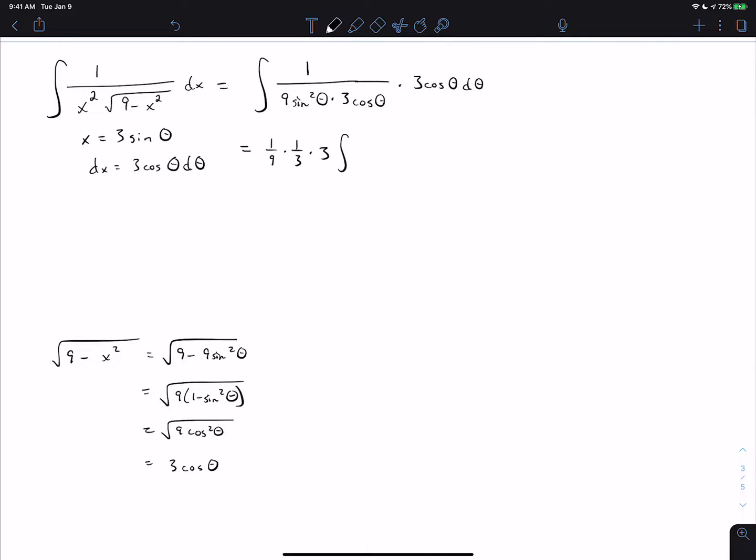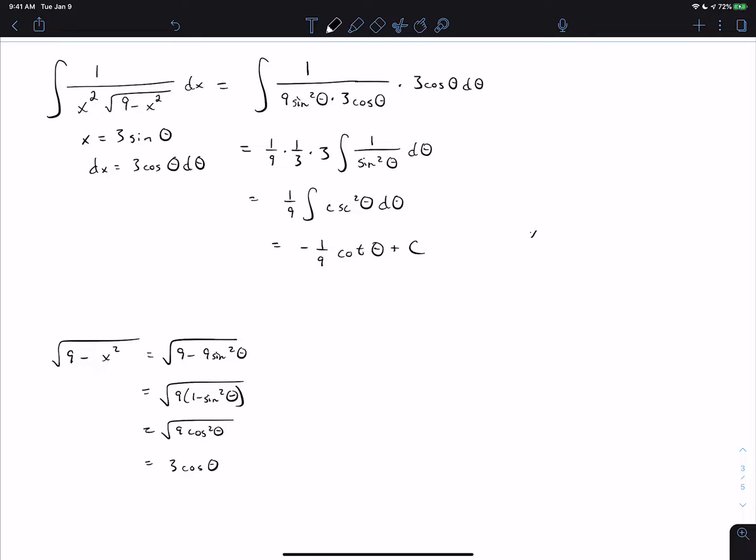The 3 at the end comes out as 3. The cosines cancel, and we get 1 over sine squared theta d theta. The 3's on the outside cancel. We rewrite 1 over sine squared as cosecant squared. The antiderivative of cosecant squared is negative cotangent theta. So we get negative 1/9 cotangent theta plus c.